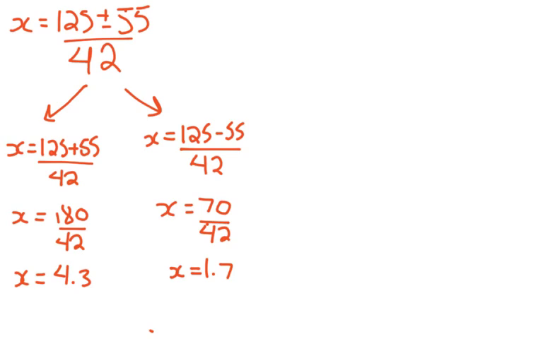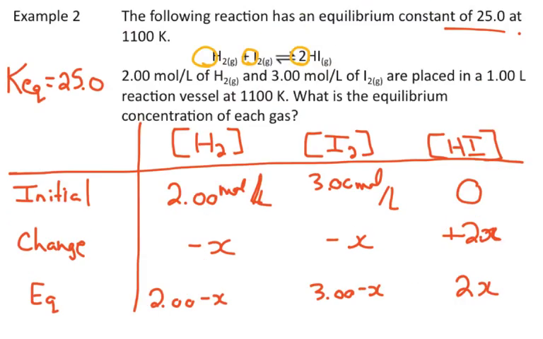But if we flip back to the ICE chart, and we look at the concentrations of H2 and I2 that we had, concentration of H2 is 2.0, concentration of I2 3.00, we can't change in concentration by more than 2.00 moles per liter. If we change by more than 2 moles per liter, we'd actually use up more H2 than we had.